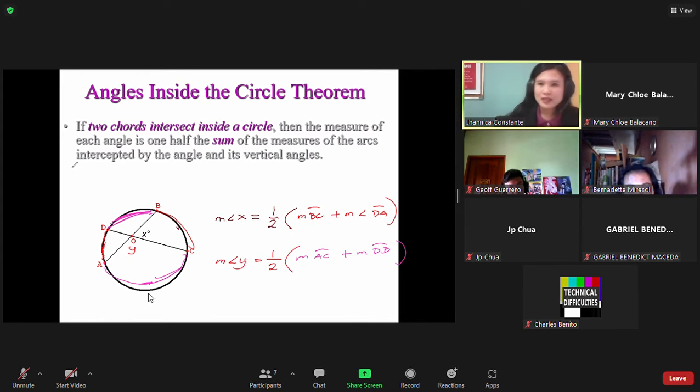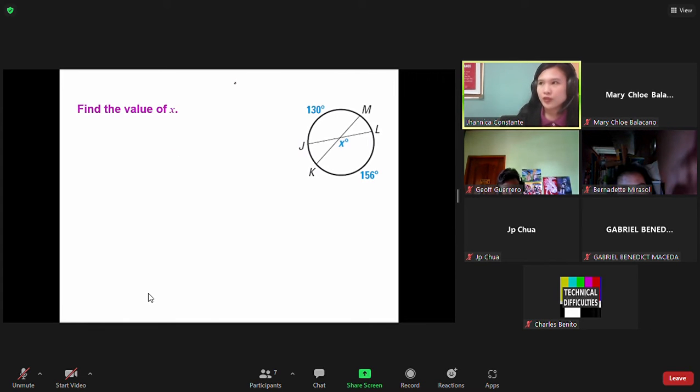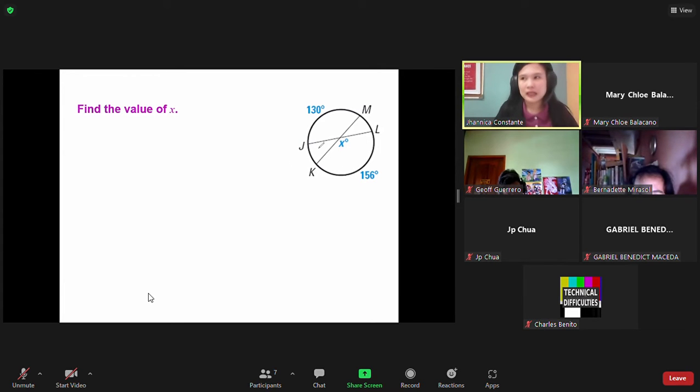Okay, let's have an example. Okay na with this one, can I clear the screen? For example, we have this circle. We're going to find the measurement of our angle X. Since we're looking for angle X, we're going to use the intercepted arcs, yung arc na nasa unahan niya, which is arc KL, and the arc at the back of angle X, which is arc JM.